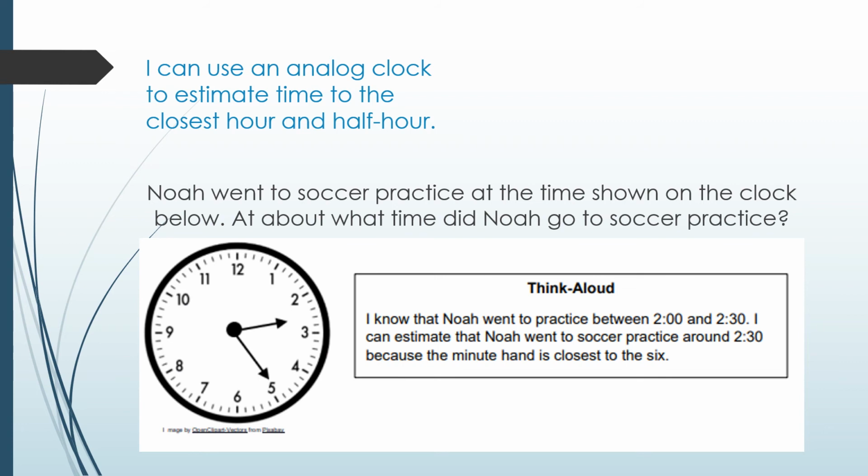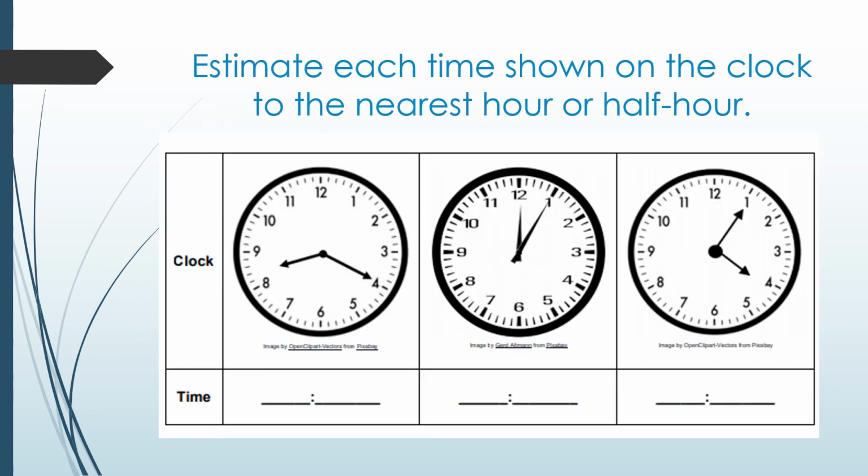So we know our hour hand is in between the 2 and the 3. He went to practice close to 2:30 because our minute hand is closer to the 6 than it is to the 12. So on this page, we're going to estimate each time shown on the clock to the nearest hour or half hour. So we look at clock number 1.